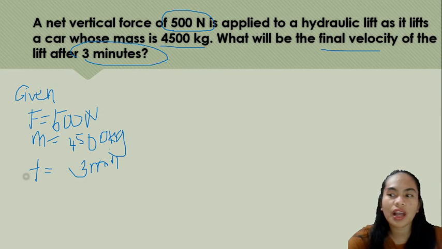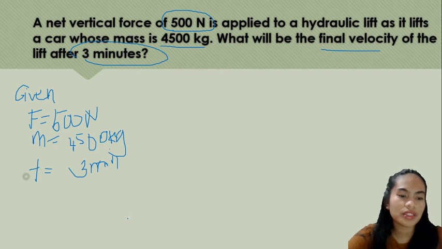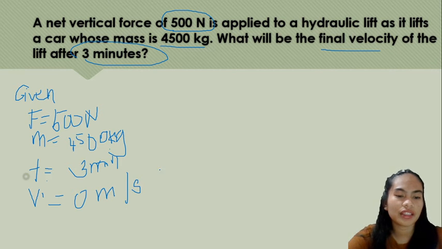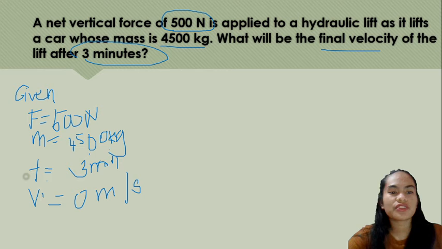Since there was no initial velocity mentioned there, let's assume that the initial velocity is 0. Okay, so let's write Vi is equal to 0 meters per second. So let's try to compute.